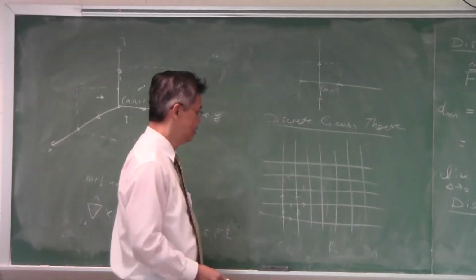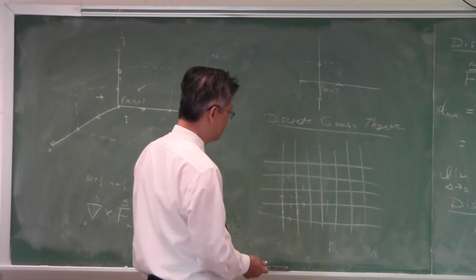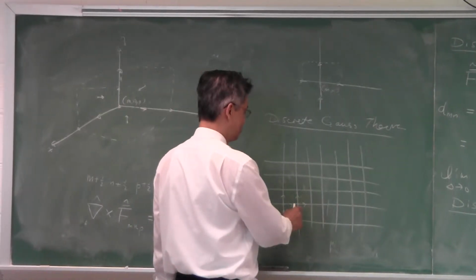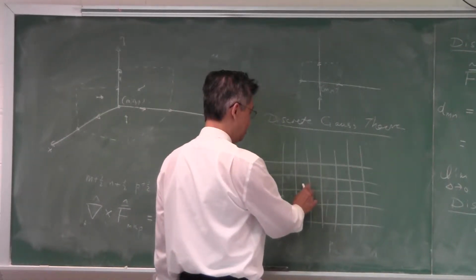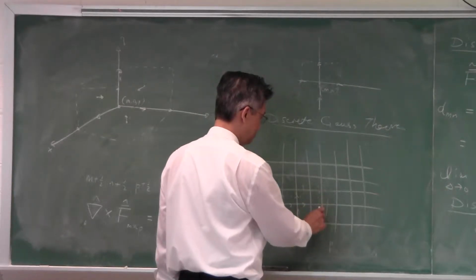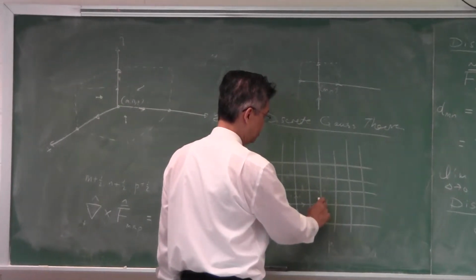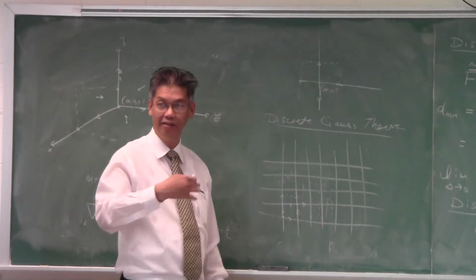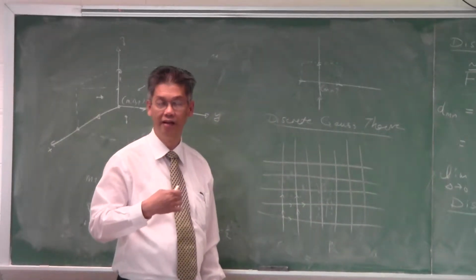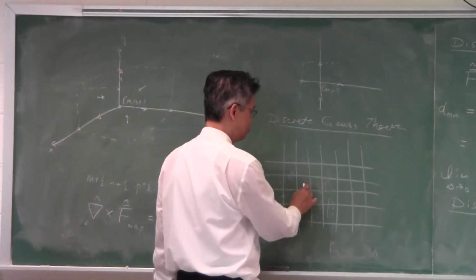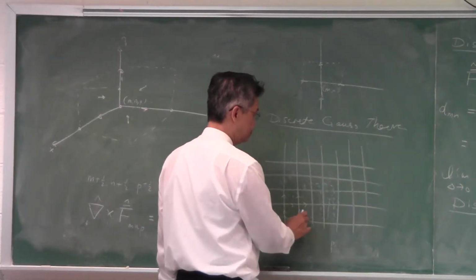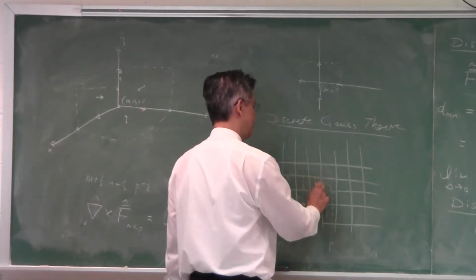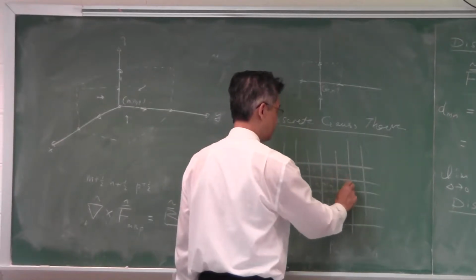Okay? So it's quite clear that Gauss theorem holds in the sense that if I add up these divergences about all these points, all the interior fluxes cancel each other, and what I'm left with is just a surface flux. Okay, I can draw this even bigger picture if you want to.